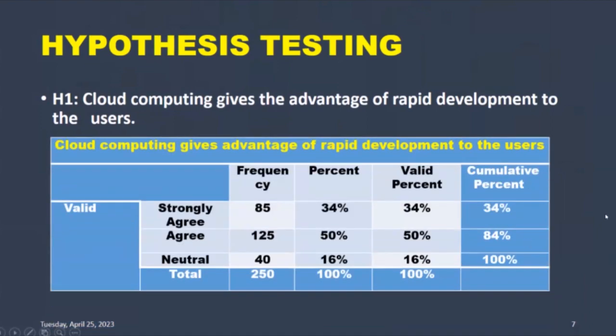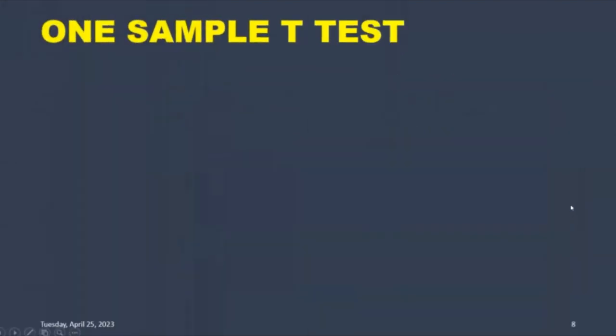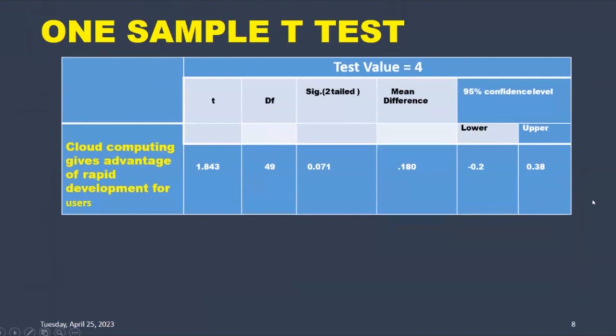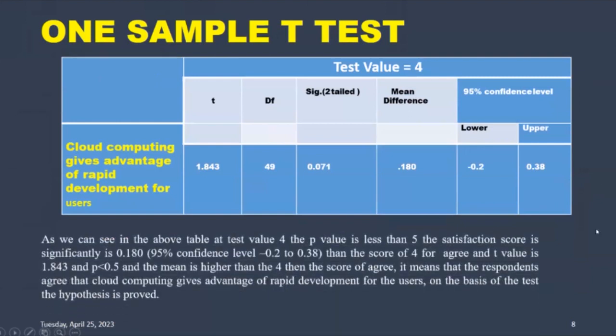The first hypothesis was that cloud computing gives the advantage of rapid development to the users. As we can see on my screen, strongly agree is about 84%. So the respondents to whom the questionnaire was sent have said yes, they could have rapid development after using cloud accounting software. A t-test was run to test the hypothesis, and as we can see in the above table, the p-value is less than 0.05.